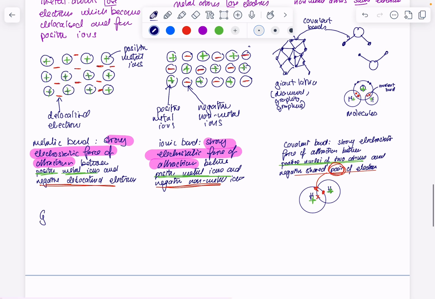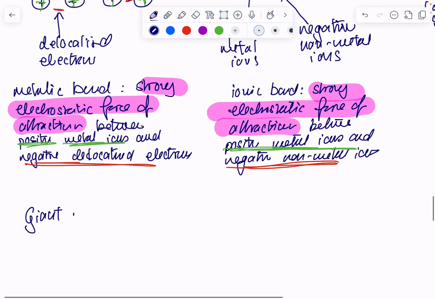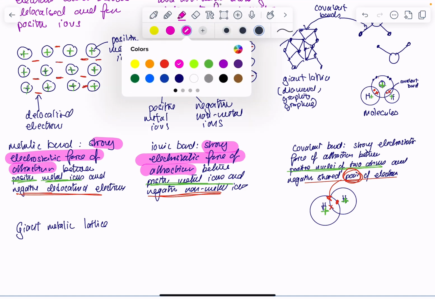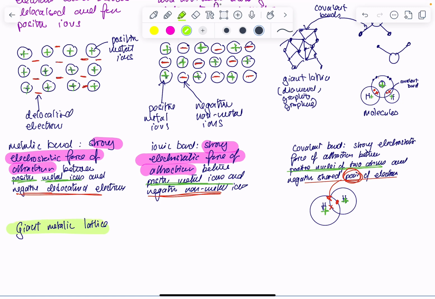We call it a giant because it goes on and on and there isn't a start and a finish. We call it metallic to show that it's only a metal in there. And to show that it's a regular arrangement, we call it a lattice. So the structure of a metallic substance is a giant metallic lattice.